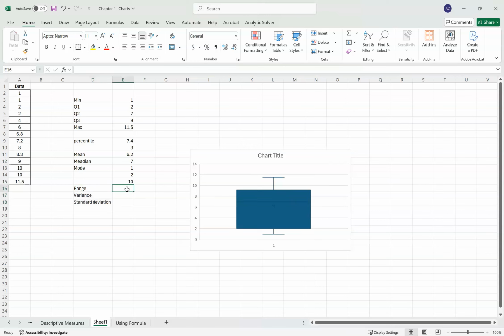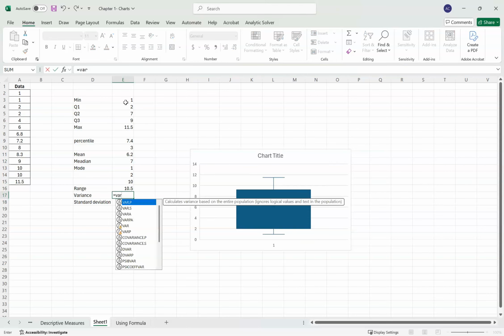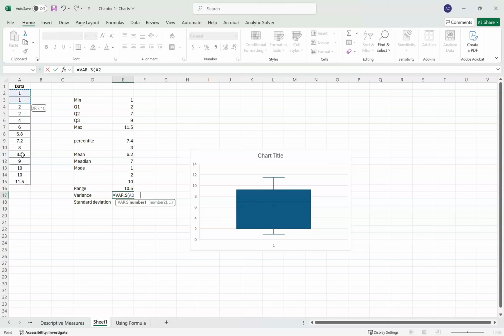Now range is maximum minus minimum. We select the maximum, minus the minimum, and that will give you the range of the data. Variance is equal to VAR, and then you can select var.s, variance for sample, select the whole data and close the bracket, so you can get the variance.